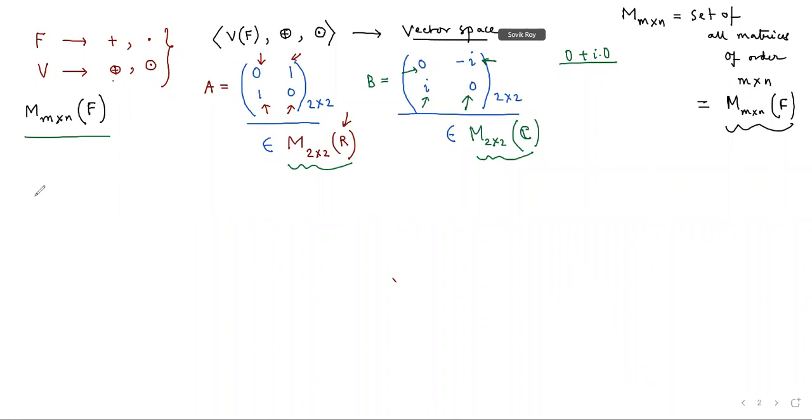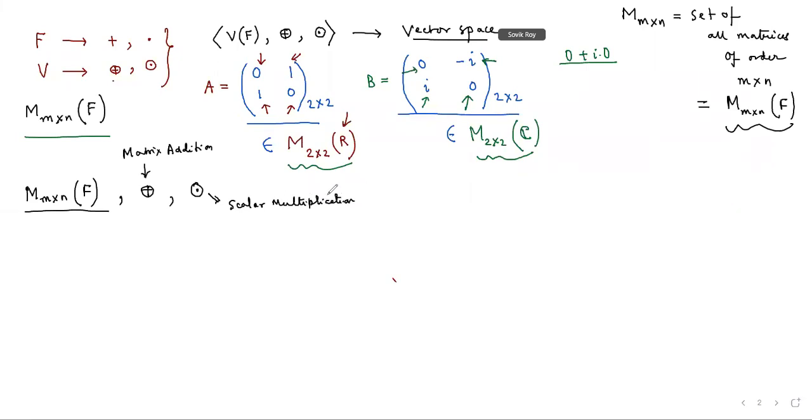The second important thing is that if I consider a matrix M cross n F, and if I use the operation plus and consider this operation as matrix addition, and if I denote the operation dot by scalar multiplication of the matrix by a scalar quantity, the question is, is this structure a vector space or not?